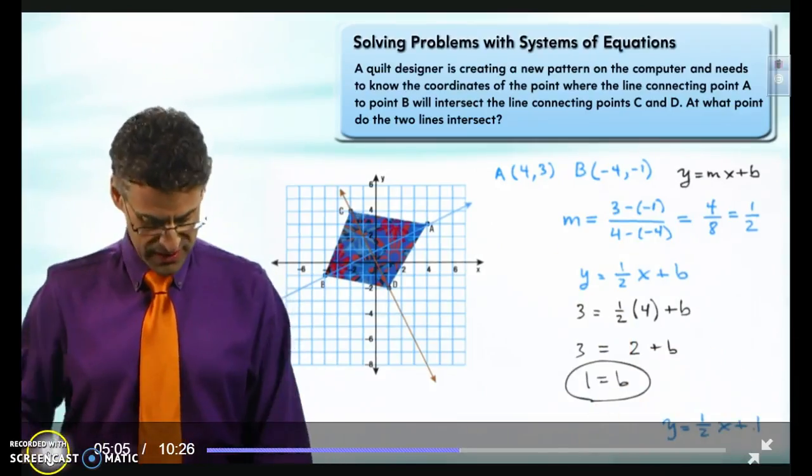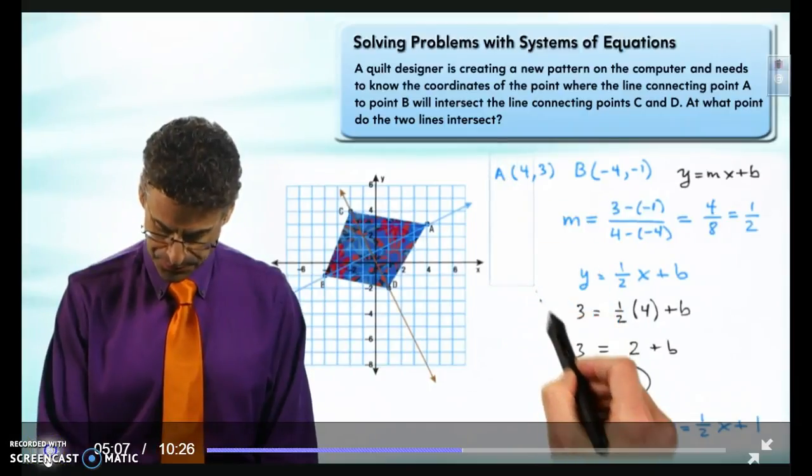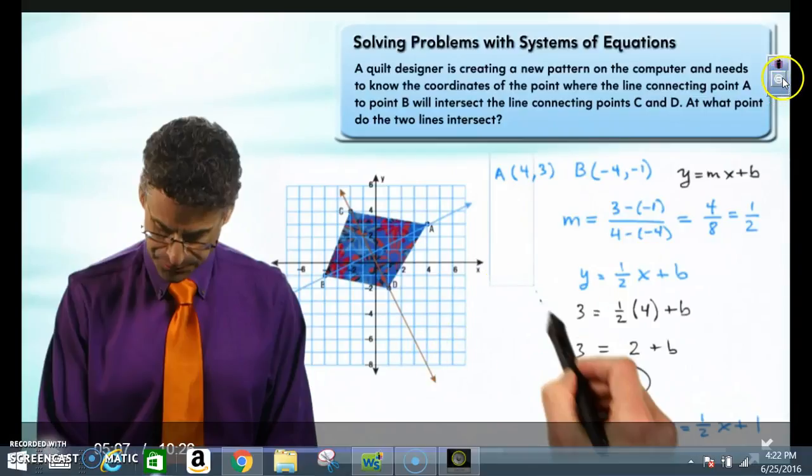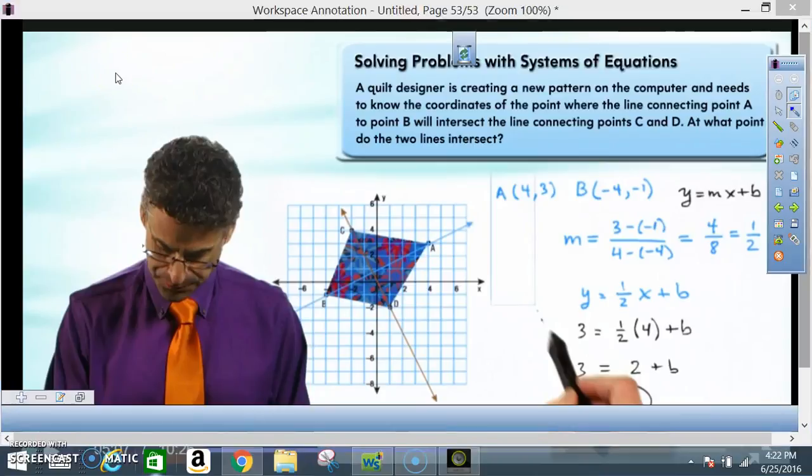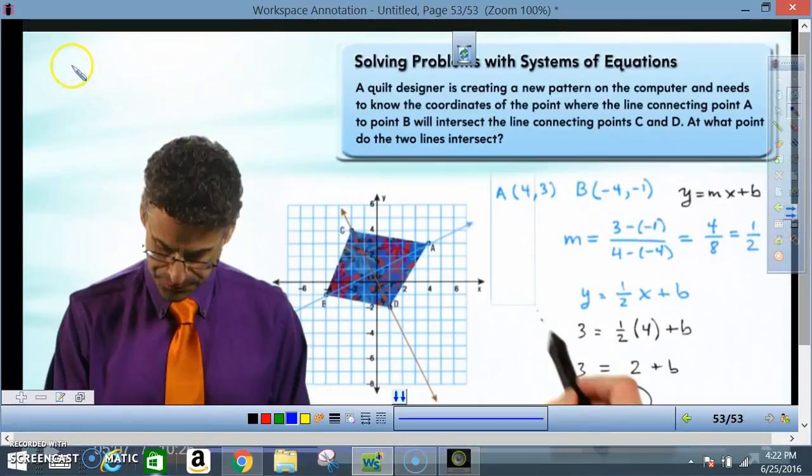And now all this work, we can get rid of it. It's not important anymore. Now notice what he did here when he found the slope. Don't forget your equation. Slope is m, and that slope is equal to y sub 2 minus y sub 1 over x sub 2 minus x sub 1.